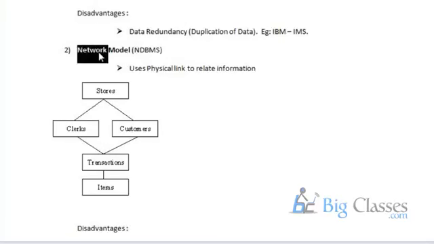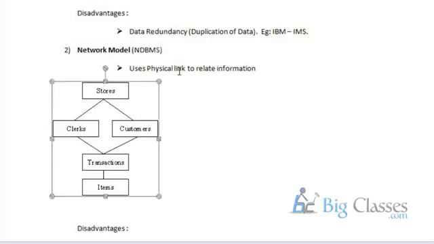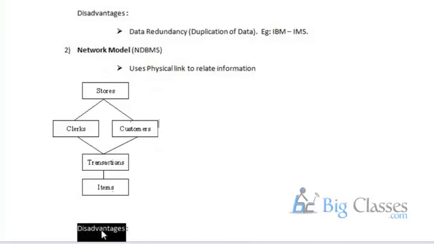Likewise, the network model, that is Network Database Management System, NDBMS. You can see the picture here which represents the network model. This uses physical links, that is connections, to relate information. You can see the information about stores, clerks, customers, transactions, items. There is a relationship, and that relationship is shown via a line between those components. So this is about the network model, where you can see physical links relating the information.